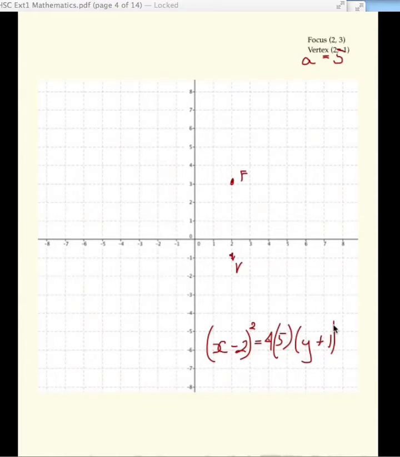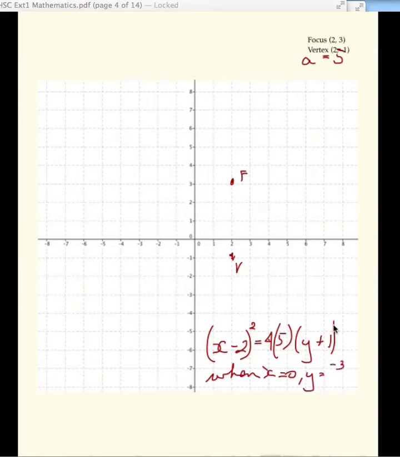Now I could sketch this almost now, but I need to consider the points of contact with the x and y axes, and then I need to also show the directrix. Now, just by substitution, when x equals 0, you'll do your substitution, and y will equal negative 1/3.